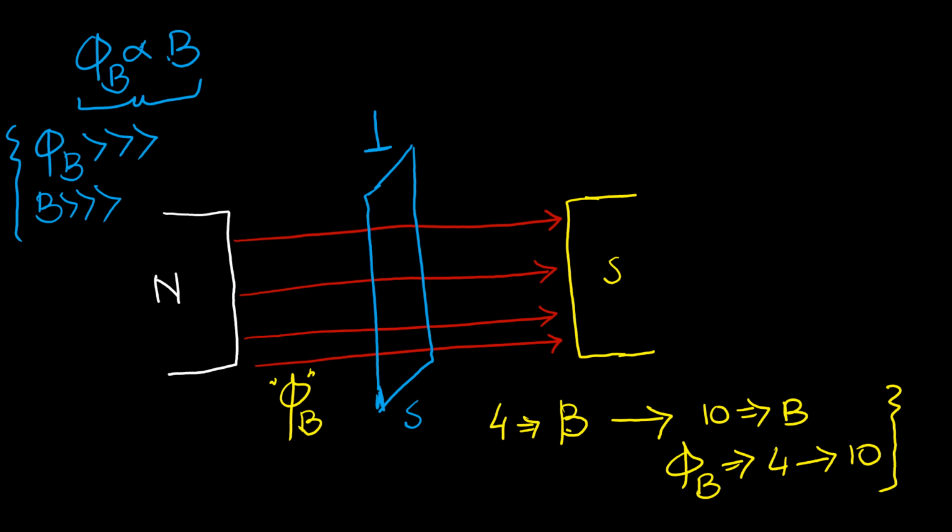Similarly, dear student, magnetic flux also depends on area. As you know, area is a vector quantity, and from the surface it is always perpendicular.